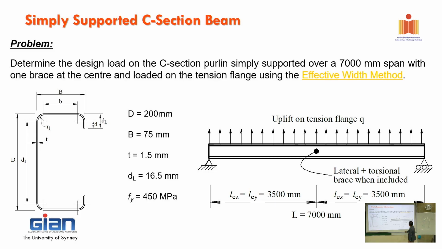Right, so you can see here, Lx, Ly is 3,500 because of the lateral restraint here. But Lex is 7,000, right? Because when you lift it up, there's nothing to hold it. But this one, when you buckle sideways, that's about the Y-axis, then you get a bit of help. Okay, so that's why.